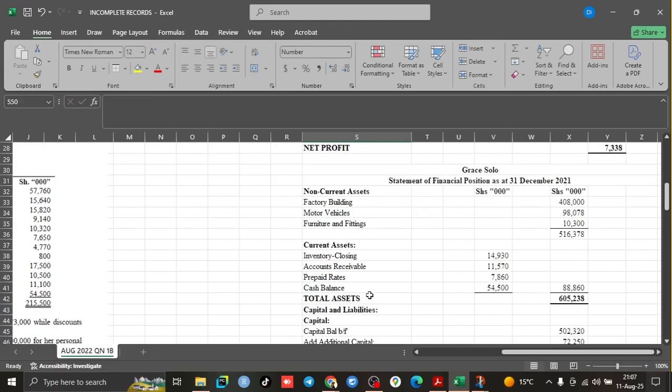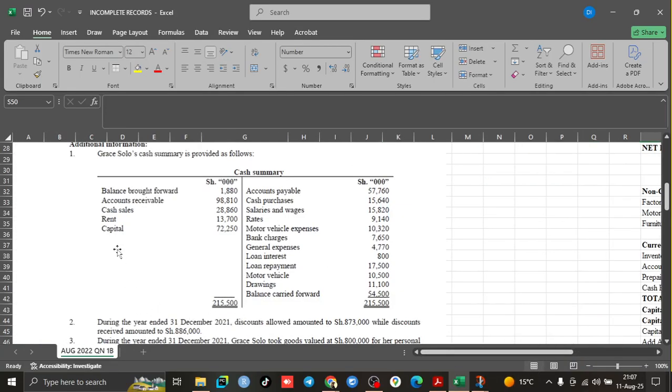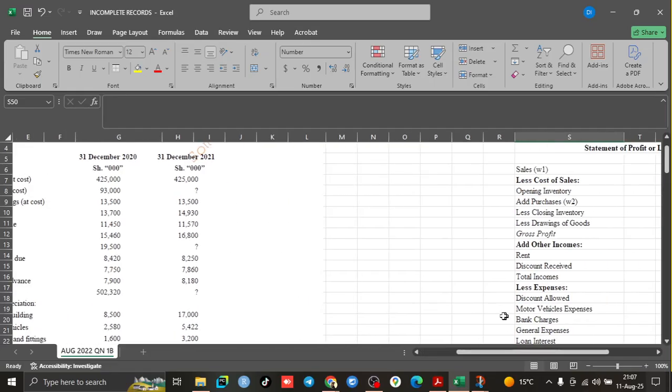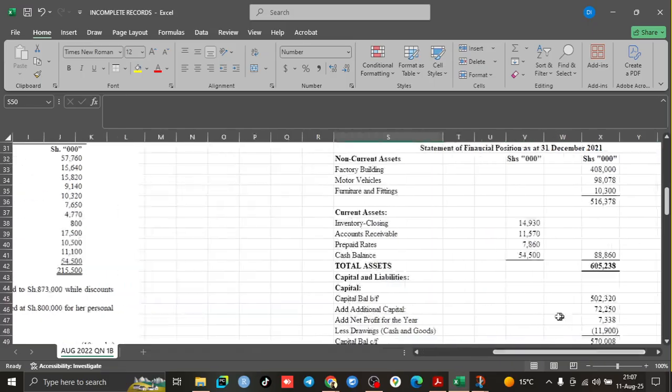That was a bit technical, I know. Now straightforward: we have long term liability. Let's see. The loan we assume is a long term liability. We have an opening balance but no closing balance.